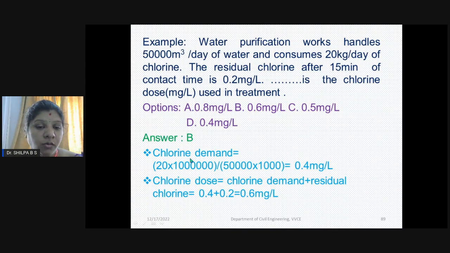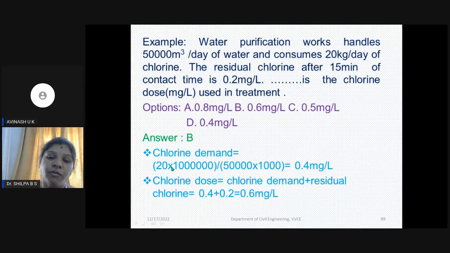So let us know how we got that. Here we need to calculate the chlorine demand. They have given the quantity of water that is being treated and the consumption. So 20 kg we will express in terms of milligrams, multiplying by 10 to the power of 6, divided by the quantity of water that we are treating.